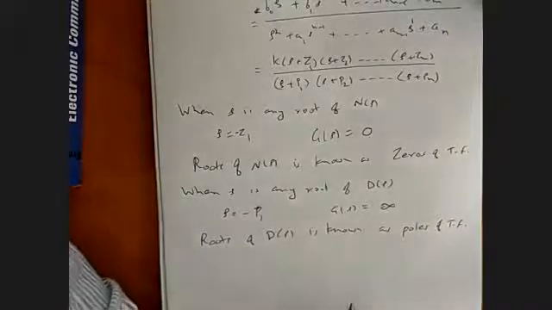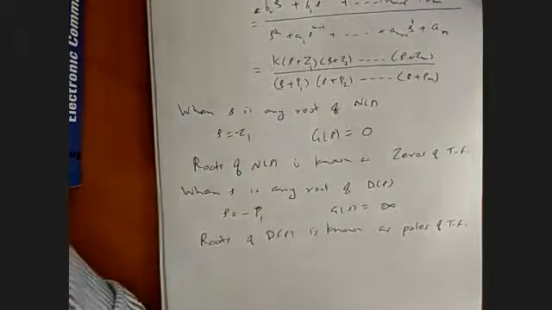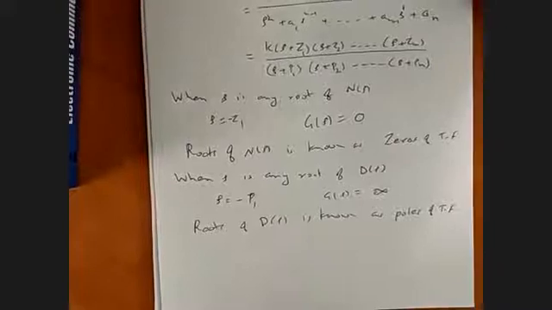If you remember, we have also discussed this in the case of network function, which we studied in electrical circuit analysis. Poles and zeros. The zero at which the function value becomes 0, and poles at which the value becomes infinity, that is known as poles and zeros of transfer function.